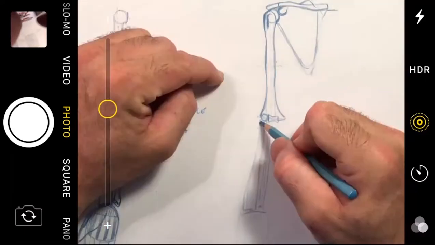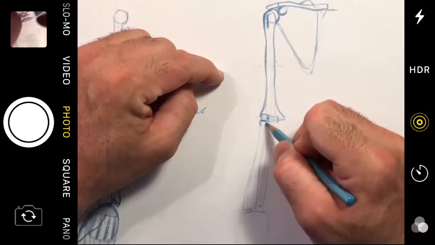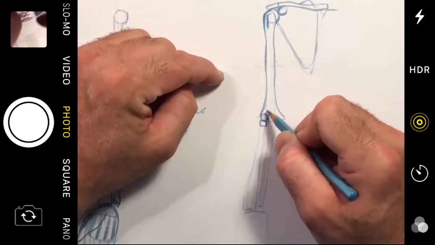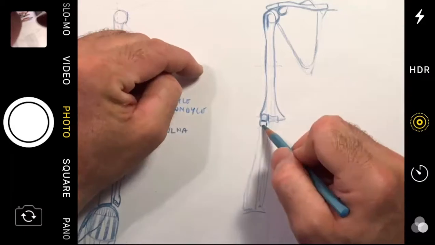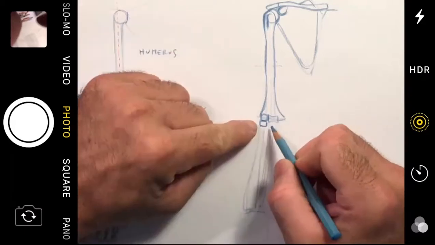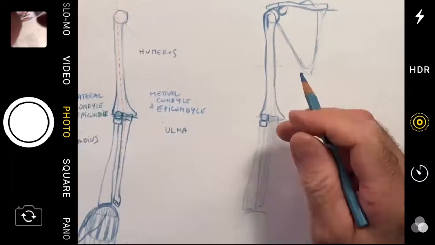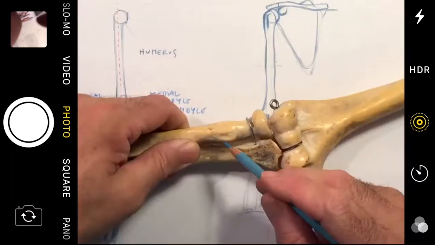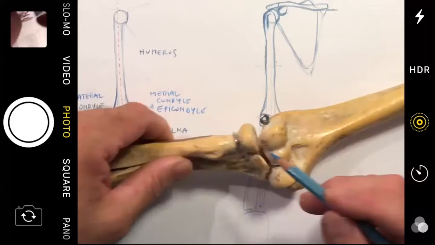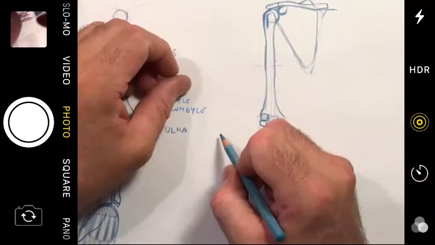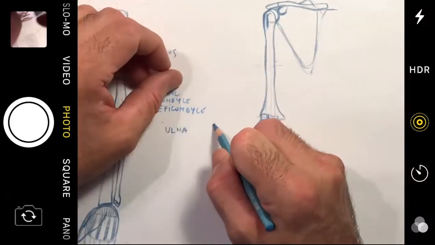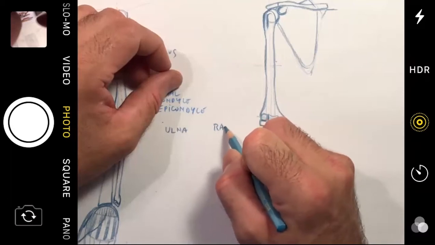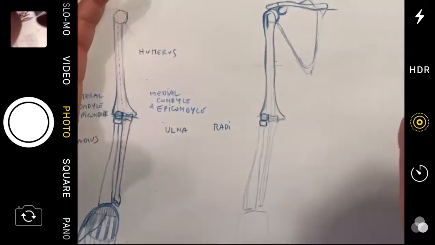The radius, find the radius right here, and a little bit below the capitulum, this little drum-like structure, this little button here, right? There is this bump in here. This bump in here is called radial tuberosity, or tuberosity of the radius, right? Or bicep tuberosity.